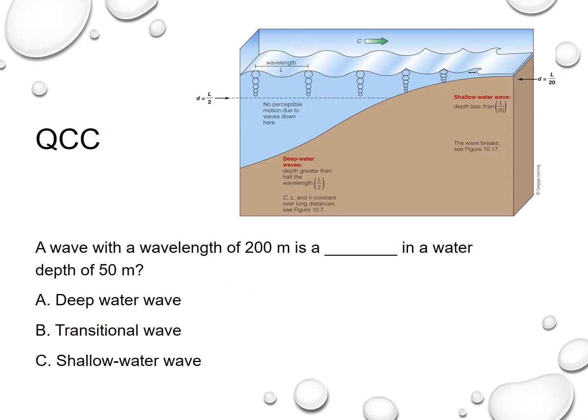So let's do one quick concept check question before we move on. So imagine you have a wave that has a wavelength of 200 meters. And this wave is now in water that's 50 meters deep. Is this wave a deep water wave, a transitional wave, or a shallow water wave?